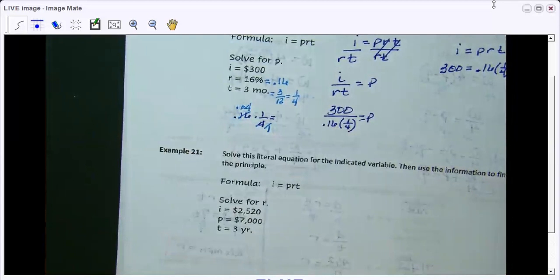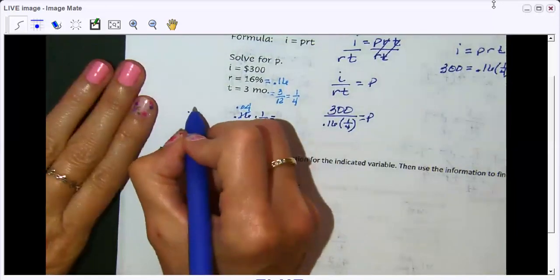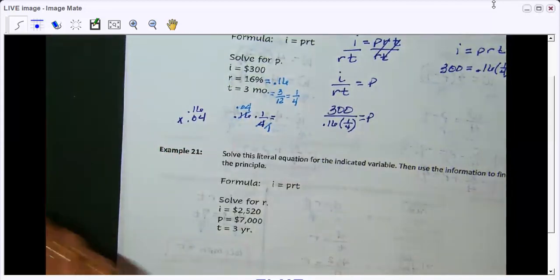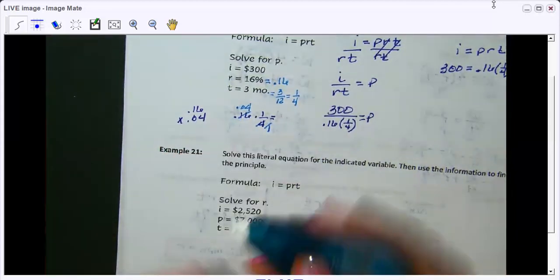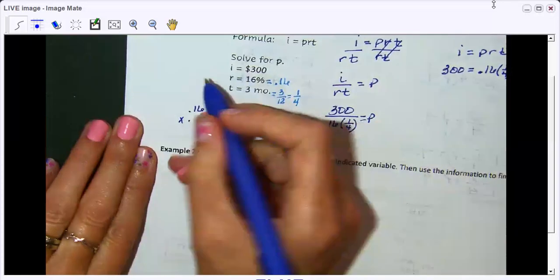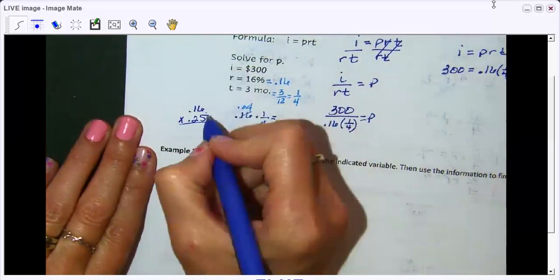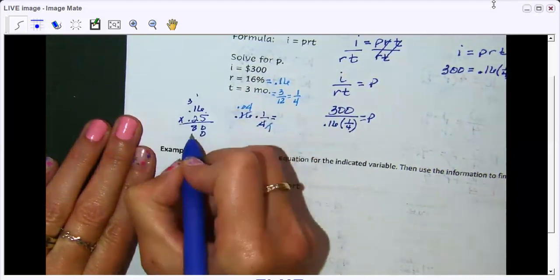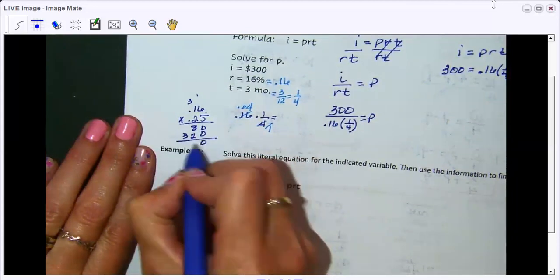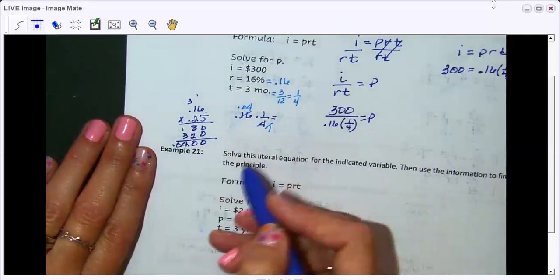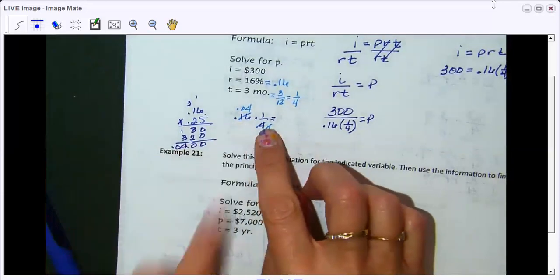You should get 0.04, right? I got 4,800, but it gets 48. Hold on, if you multiply 0.16 times 0.25, which you could do either way, it's 0.04.